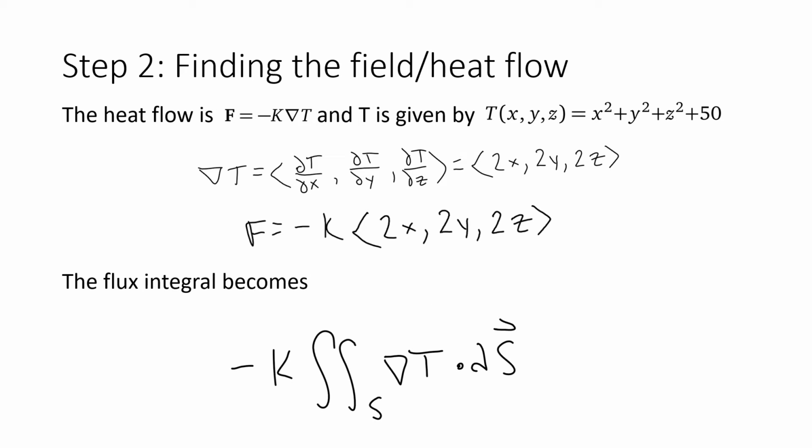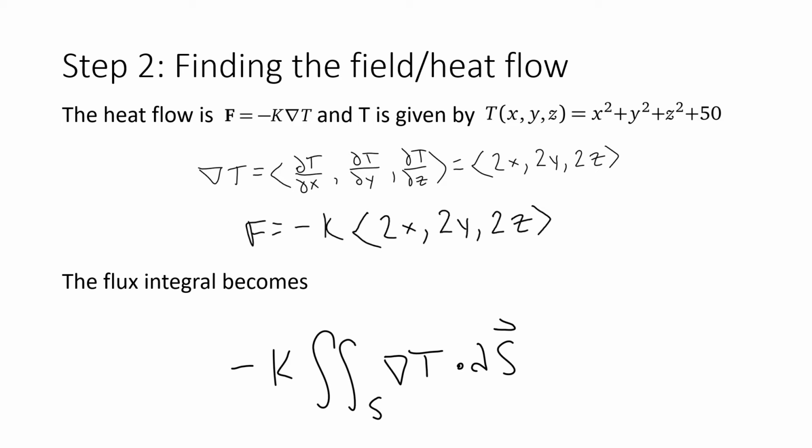So now we want to find our field, which is going to be the heat gradient. It's given in the question as F equals negative K gradient of T. So we take the gradient of T, which is just taking the partial derivatives of T, and then we turn that into a vector and multiply that by negative K. That gets us our field.